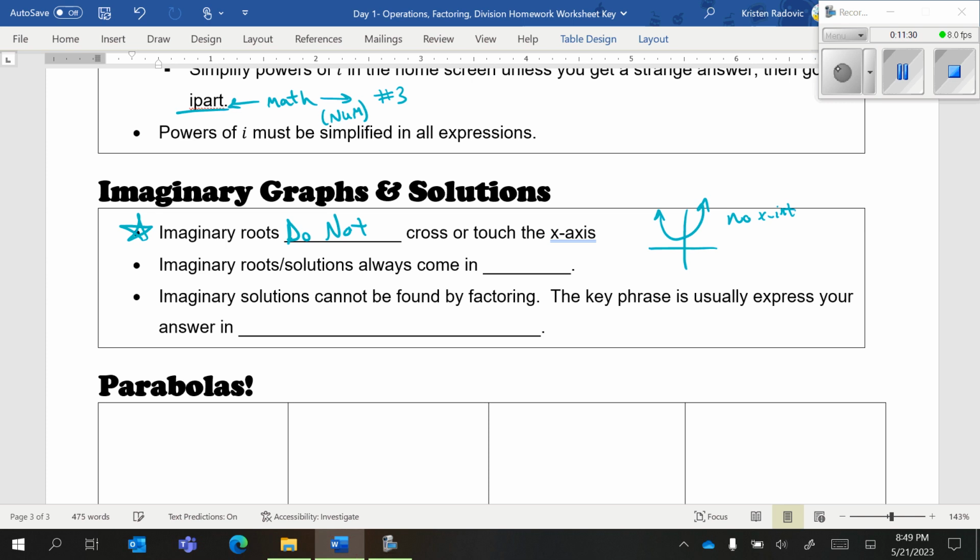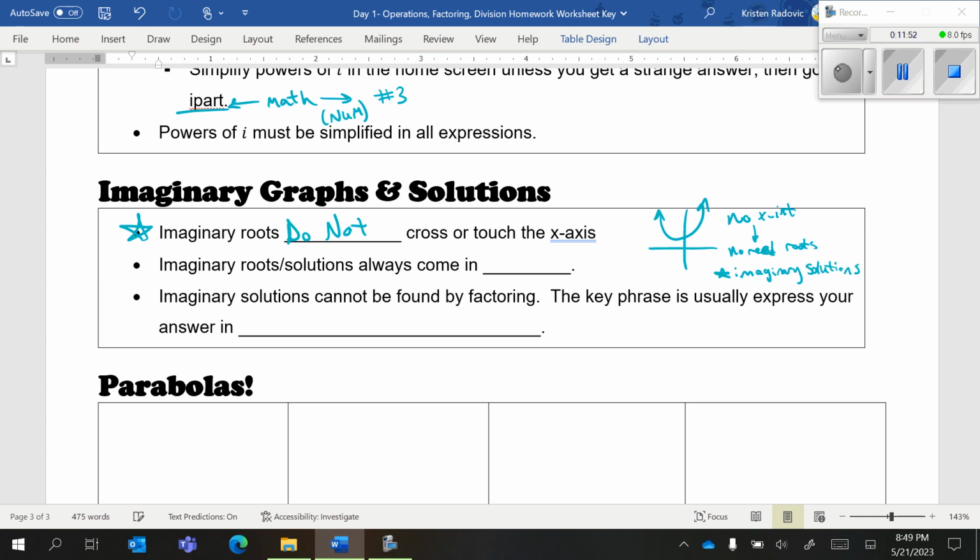And if it has no x-intercepts, then it has no real roots. In other words, you have imaginary solutions.